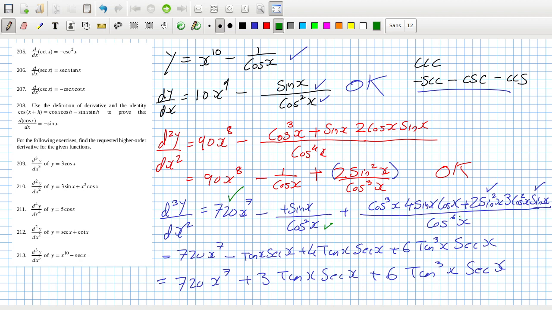The bottom squared. The bottom times root of the top, which is 4 sine cos. That looks all right. And then minus the top, which is 2 sine squared, times root of the bottom, which is 3 cos squared minus sine x. So what am I doing wrong here?